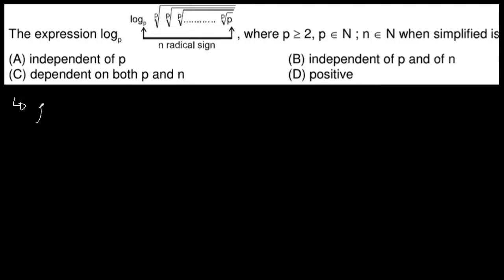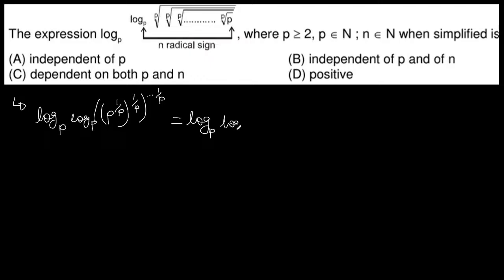What it is saying is log base p of log base p, and we have p to the power 1 by p, 1 by p, dot dot dot, 1 by p, n times. So it could be simply written as log base p of log base p of p to the power, if you see 1 by p, and 1 by p taken 1 by p times is nothing but 1 by p square.